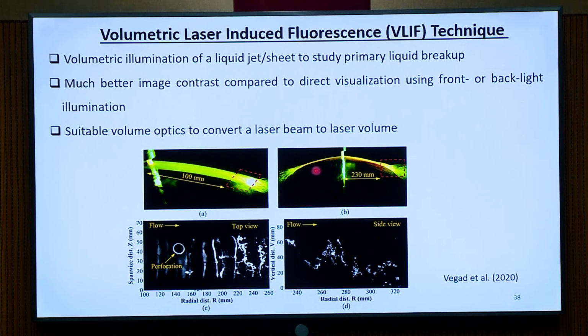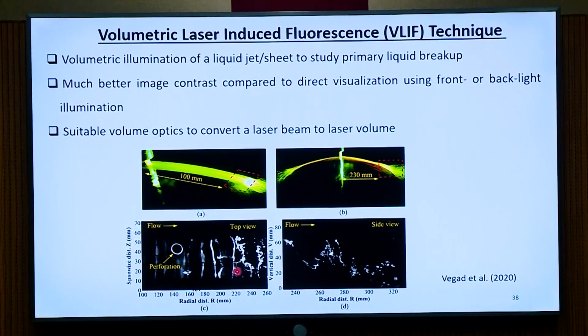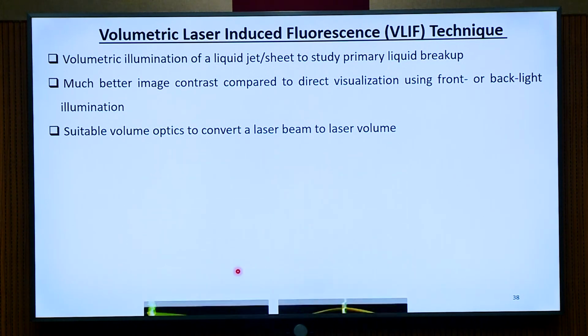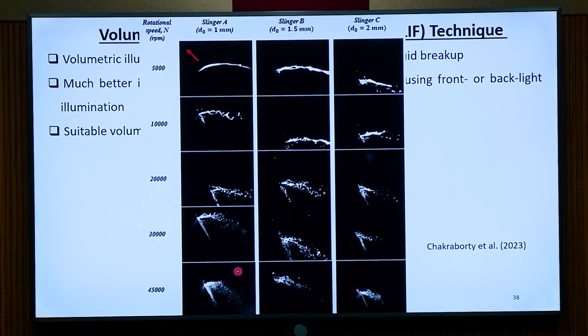These are DSLR photographs, but these are VLIF, where you can see some details, for example, perforation. It is difficult to get this kind of image if you directly image it, let's say using backlight or front light illumination technique.